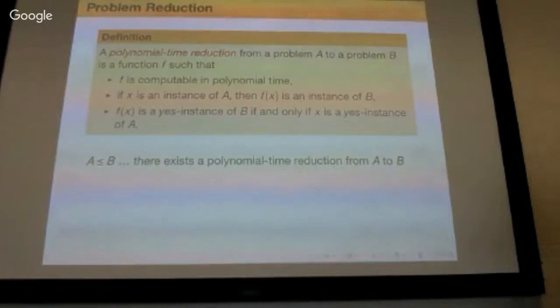So we can say that A is the batch planning problem and B is the shortest path problem.